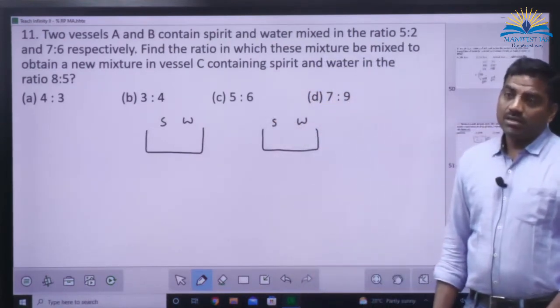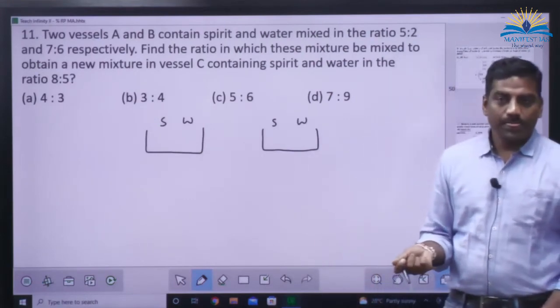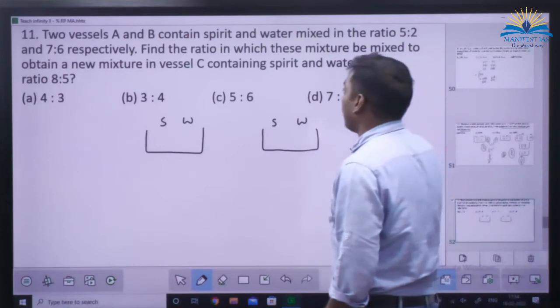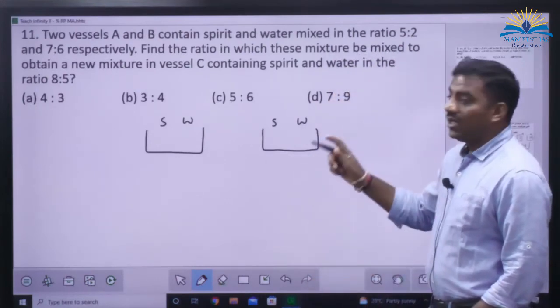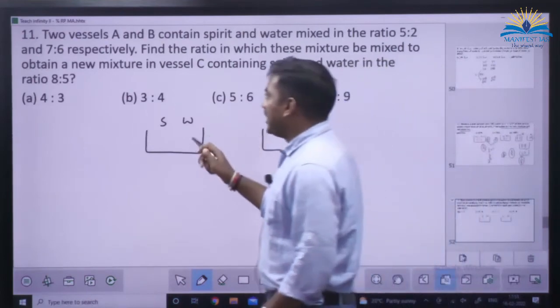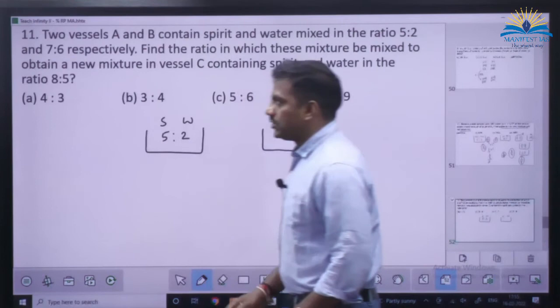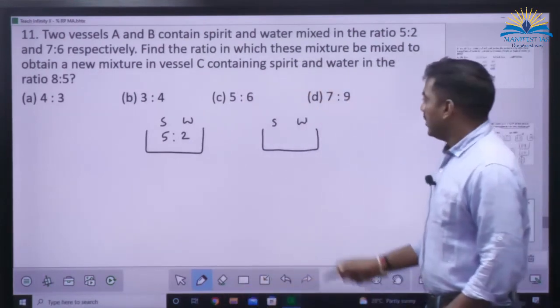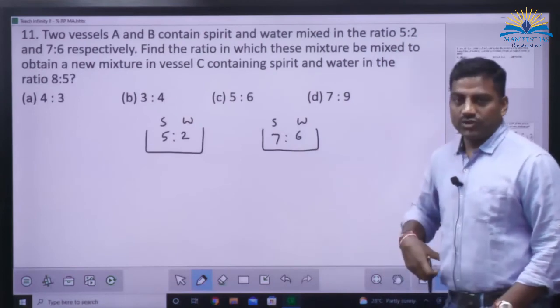First sample 1:1, second sample 0:1, like that. In the first vessel, spirit and water are mixed in the ratio 5:2, and in the second, in the ratio 7:6.